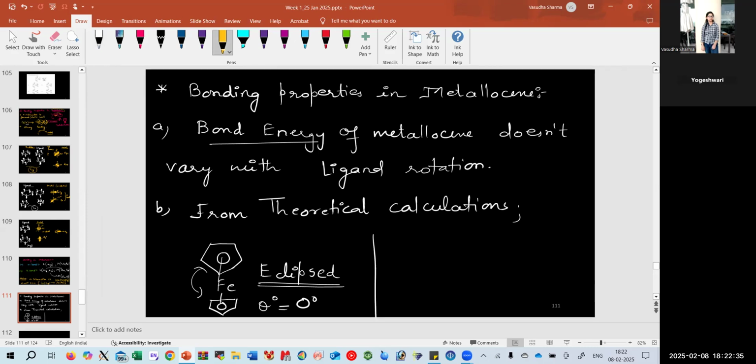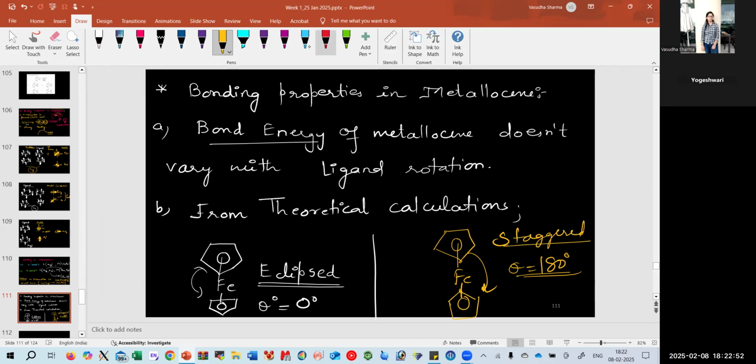Or if we have one ring this way and the other is this way, the angle theta equals 180 degrees, which is opposite. That is called staggered. And it has been found from theoretical calculations that it is more stable over the staggered one, right?